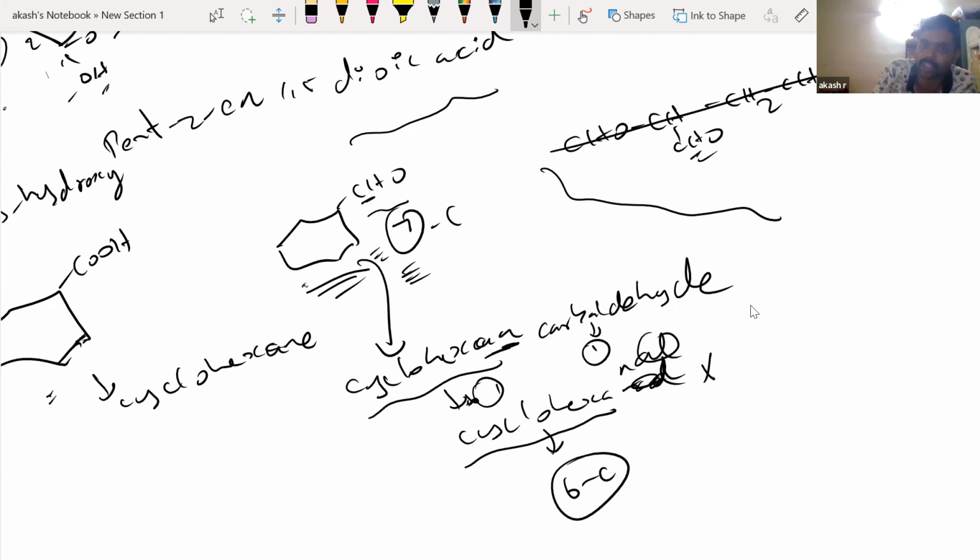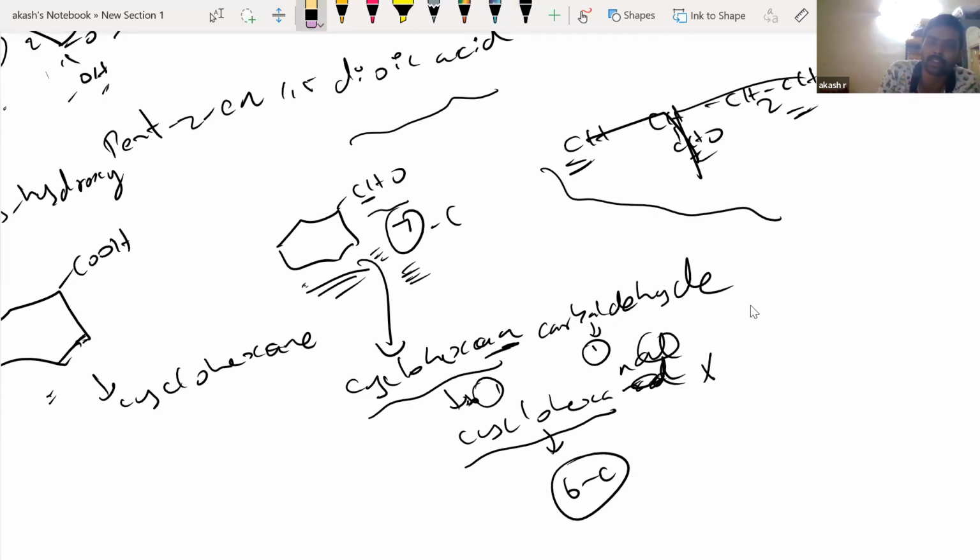If you go in this direction, you will not be able to account for this CHO. However you try to start and end, somehow or the other you'll be missing 1 CHO from the main chain. So again in these cases, I think you remember how to do this.